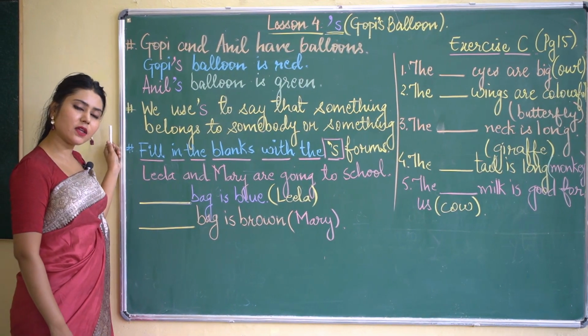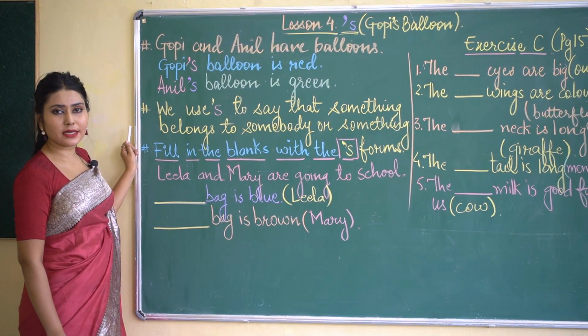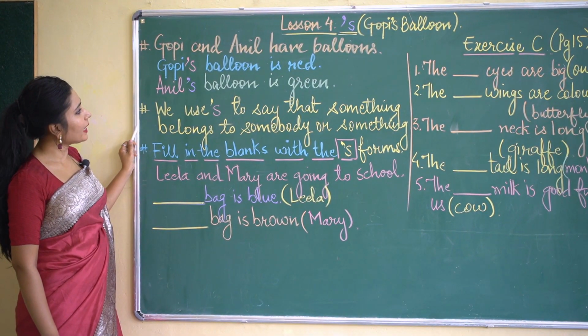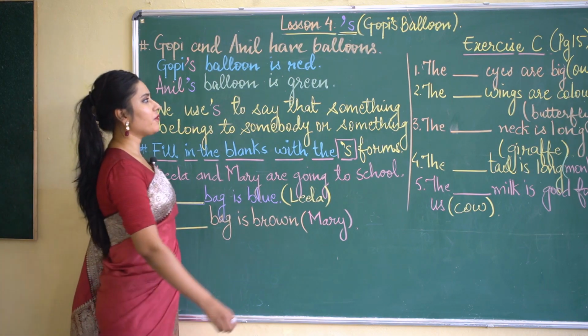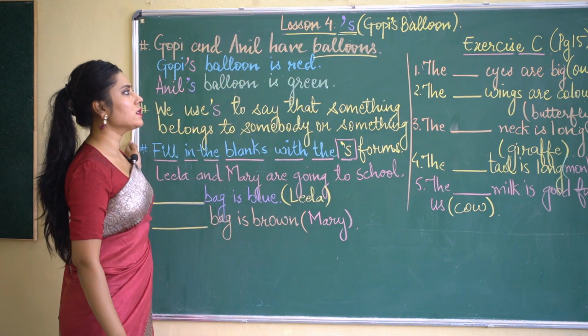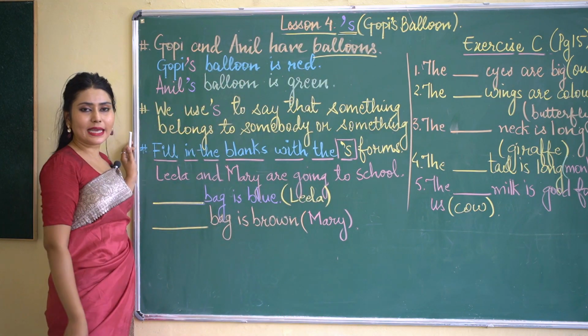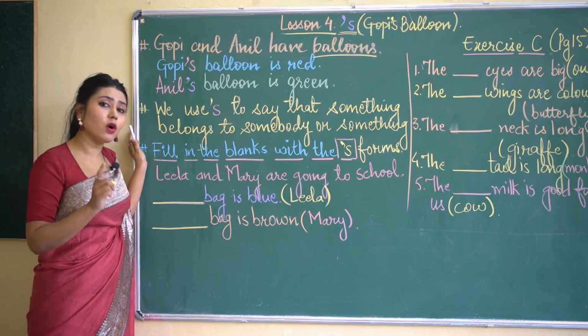The same I have taken from your book, children, which is given on page number 14, that Gopi and Anil have balloons. Now children, if you notice this word balloons, it's obviously in plural form. That means Gopi and Anil, they both have balloons.